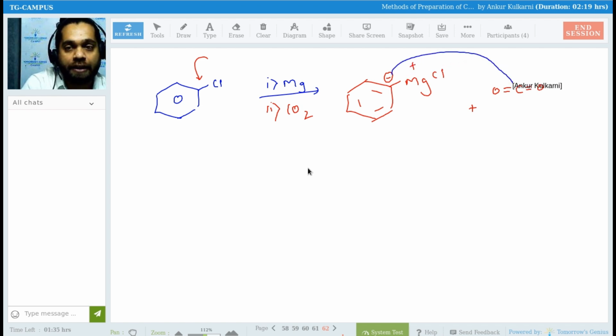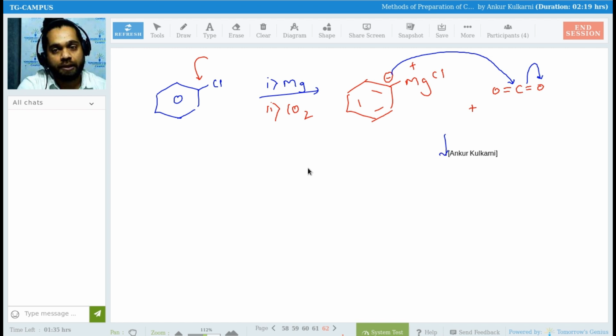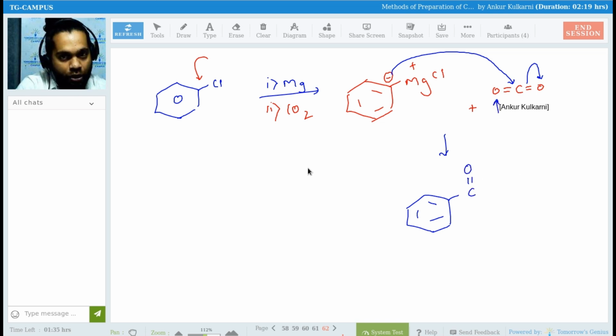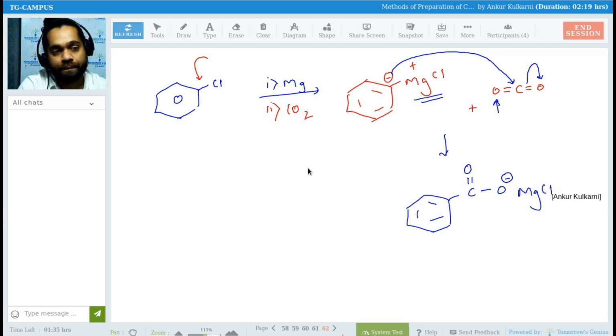This negative attacks on the carbon, this opens up. So what we will get over here is benzene, C double bond O, which is already there, and O minus. Are you getting it, Prashanti? And this MgCl plus will come over here.